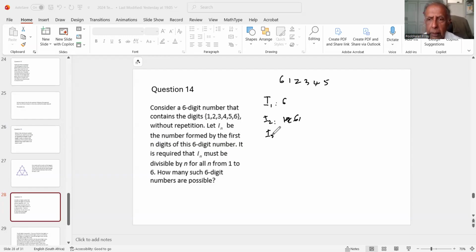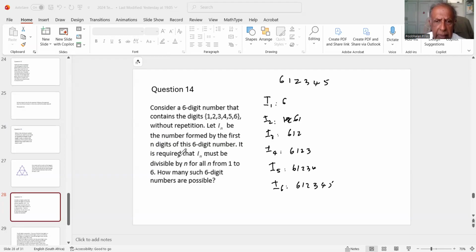And I3 is 612, I4, the first 4 digits, are 6, 1, 2, 3, I5 is 6, 1, 2, 3, 4, and I6 is 6, 1, 2, 3, 4, 5. Right. So I_n is the number formed by the first n digits.